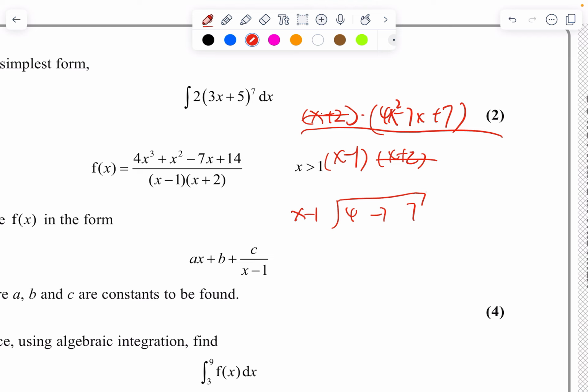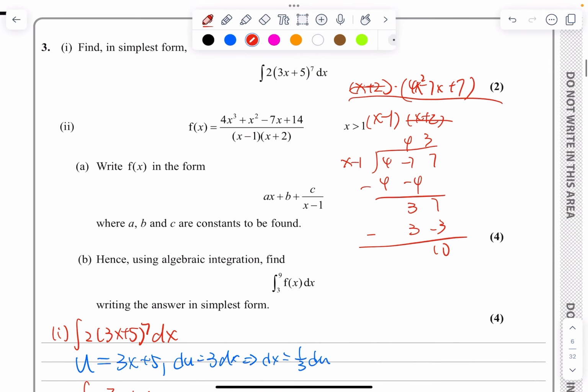Screw it. Now this would be 4, and then -4 minus 3. So this would be 3. So that would be 3 minus 3. And then this subtraction, so this would be a 10, okay?